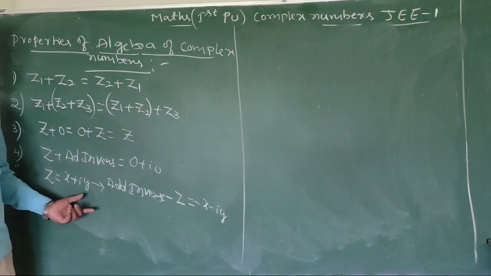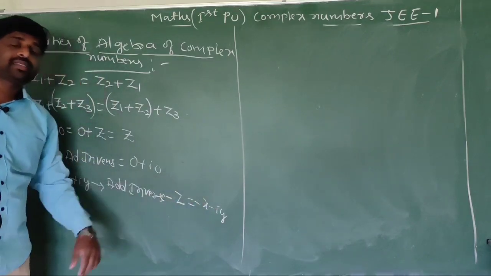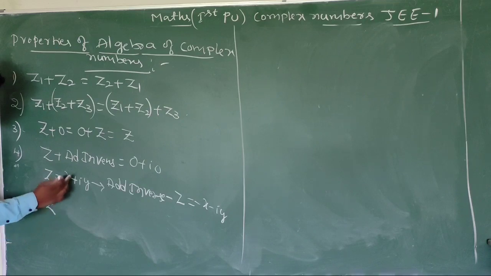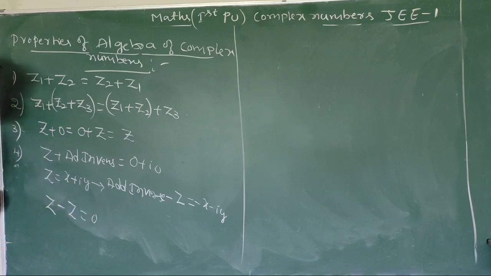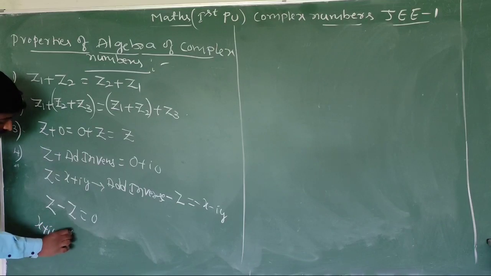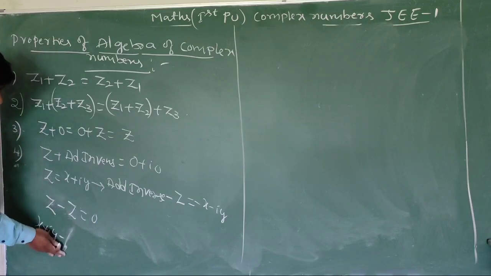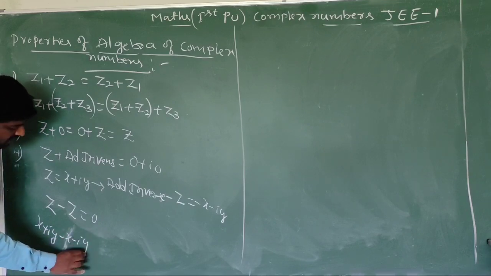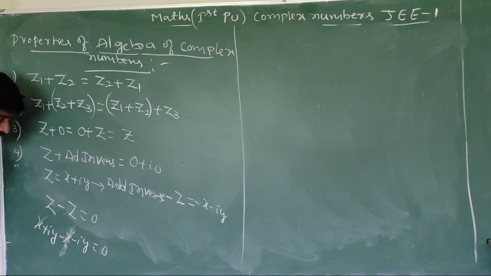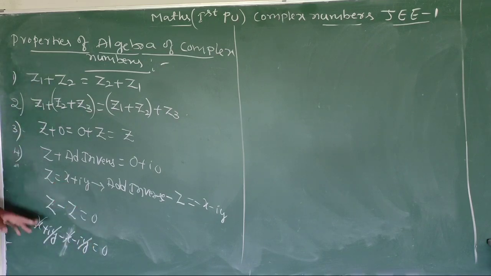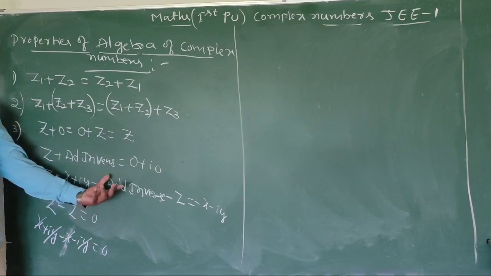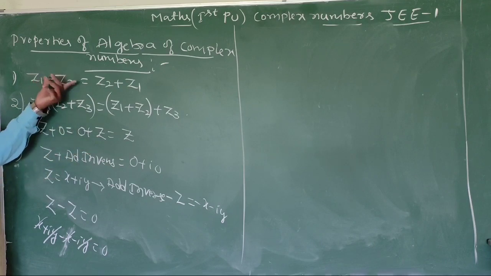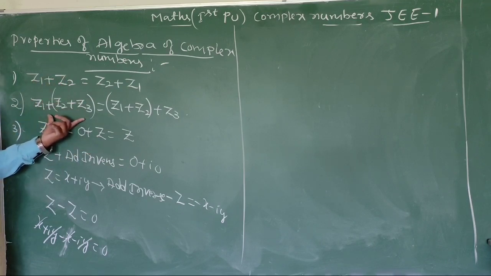Z plus minus z is equal to 0, and z is equal to x plus iy, minus z is minus x minus iy. This is nothing but 0. x cancels, iy minus iy cancels, equal to 0. Okay, additive inverse also exists, and identity element also exists. Commutative law is satisfied, associative law is satisfied.